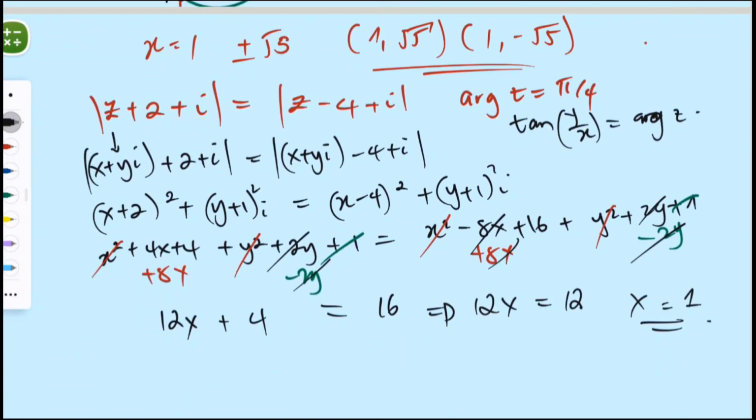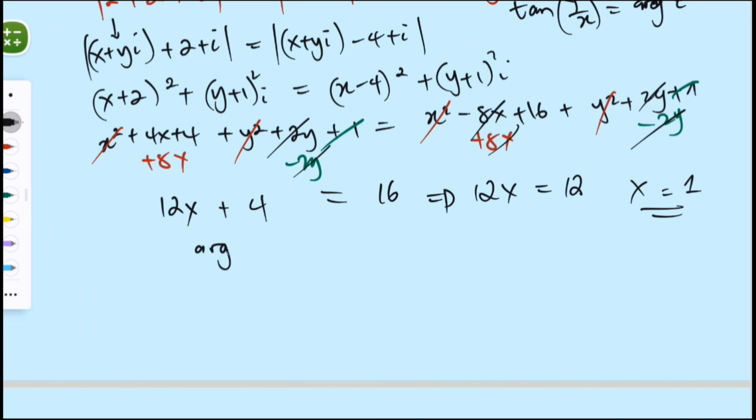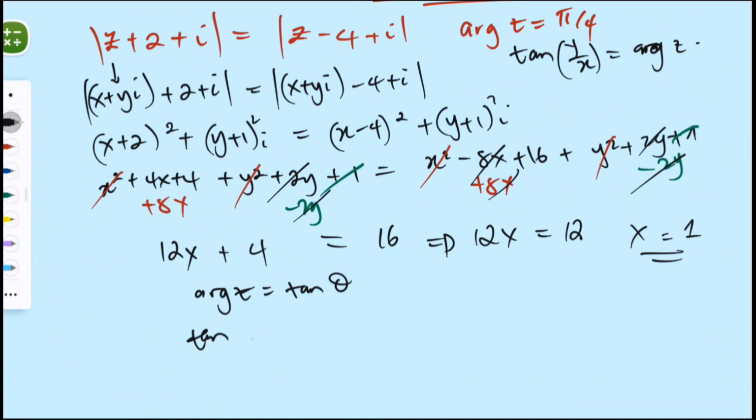Now we need to find y. Remember, I said arg z is the same as tan of the angle. It means when you work out tan inverse of y over x, you should get π/4, which is the same as arg z. This is supposed to be y over x.